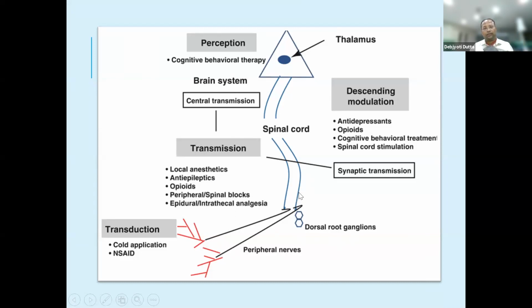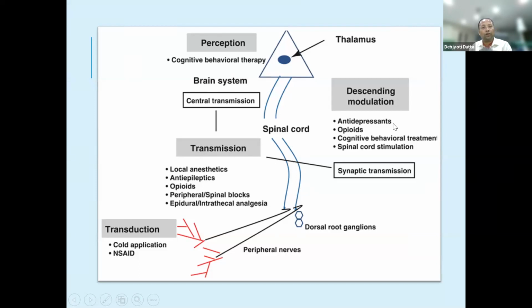So this dampening will be caused by these drugs. Local anesthetic will totally block, and anti-epileptics, opioids and many other drugs will dampen the transmission. So if we want to target the transmission part, these are our drugs.